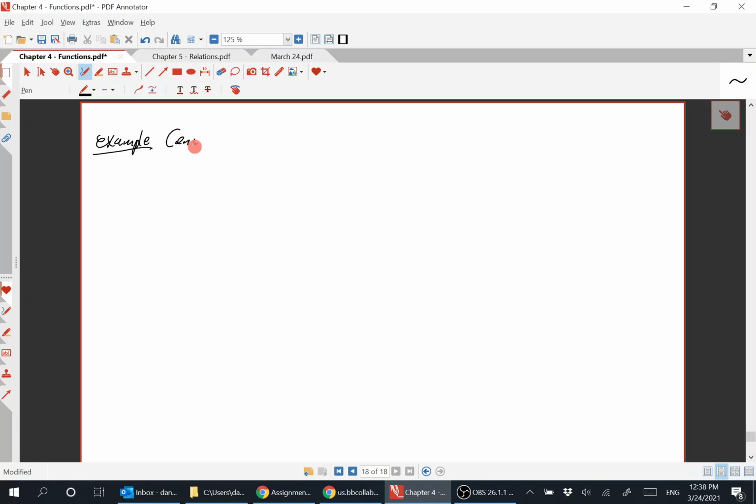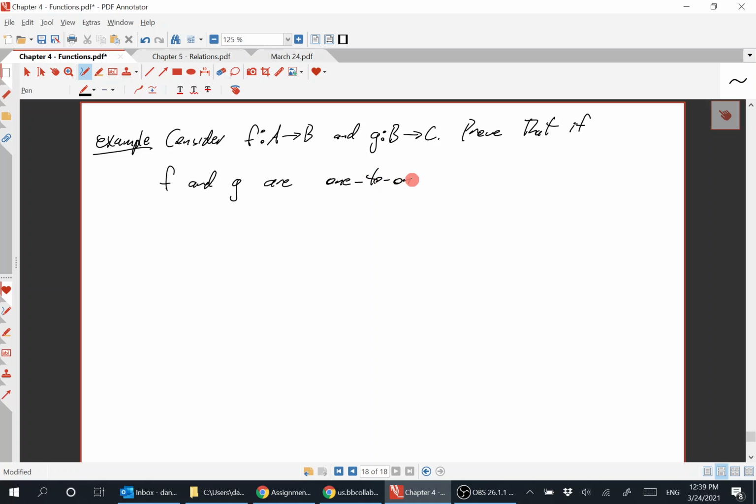Consider f from A to B and g from B to C. Prove that if f and g are 1-to-1, then g following f is 1-to-1.